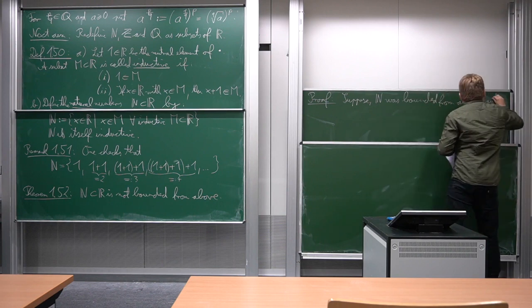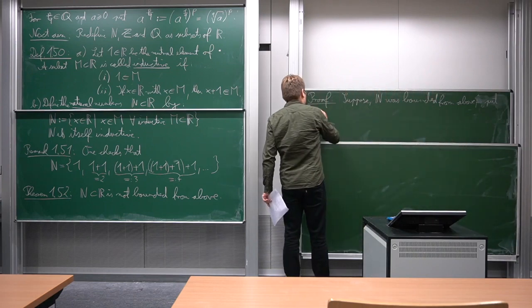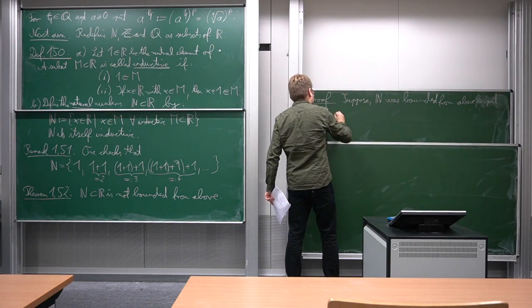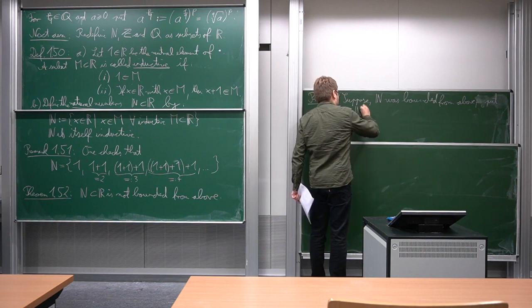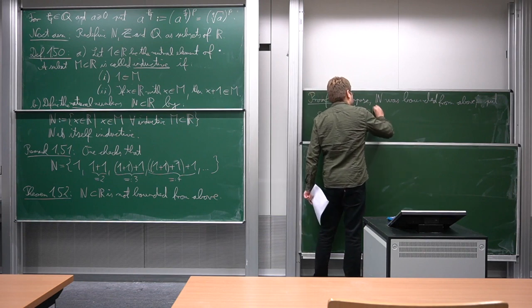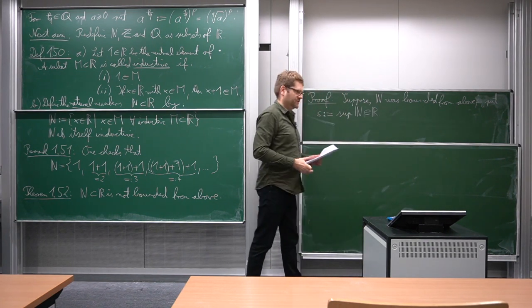We want s to be the supremum, because we know it's part of the real numbers, and in the real numbers we have the existence of smallest upper bounds, which means of suprema. So assume we have this supremum of N as an element of R, not infinity.